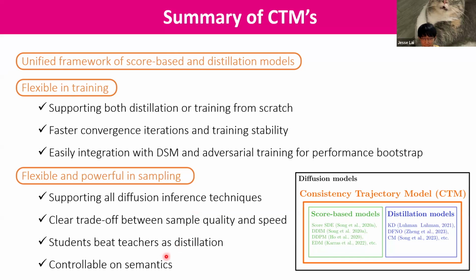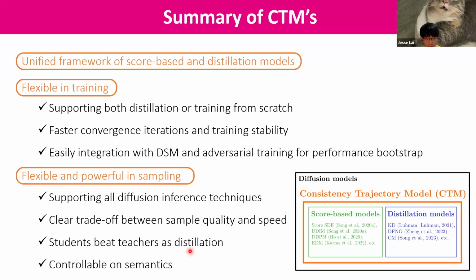And what is surprising is that the student can beat the teacher with the help of GAN. And CTM has a unique sampler, which is called gamma sampling. With gamma, you can control the stochasticity to throw in during sampling, and you can have more controllable generation. All right, so I guess this is the end of my sharing.